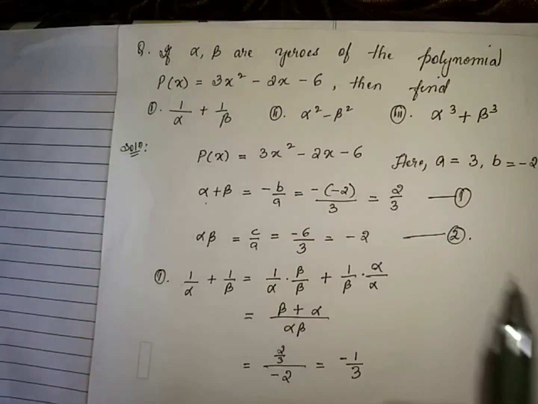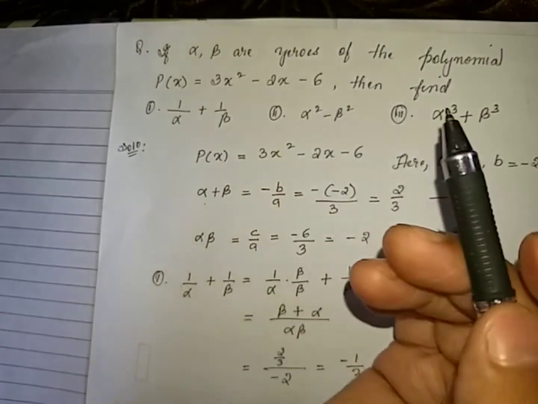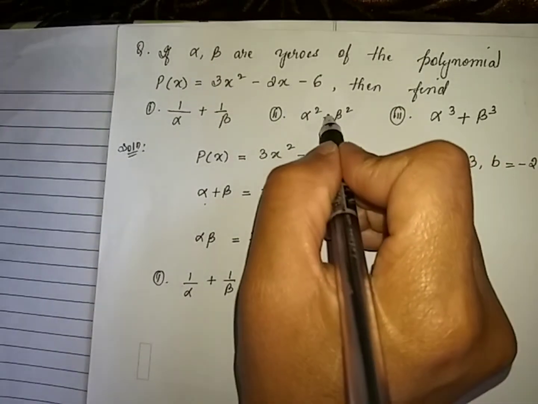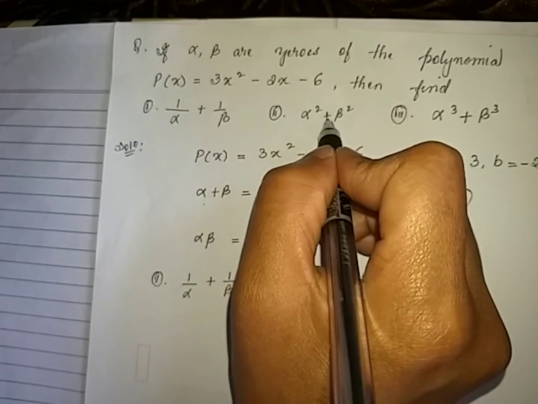Now let us solve the second one, which is alpha square plus beta square.